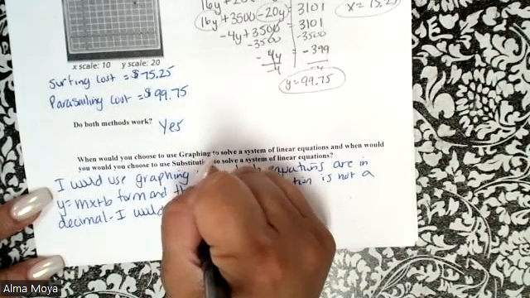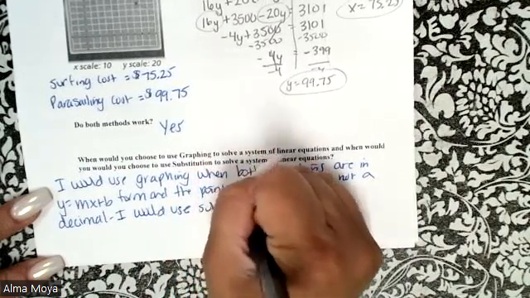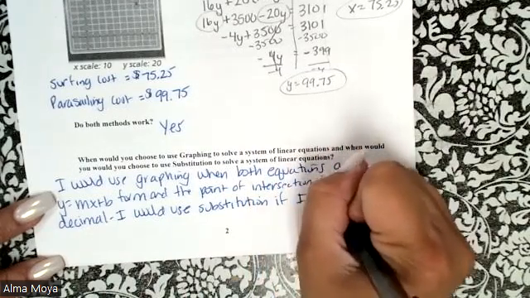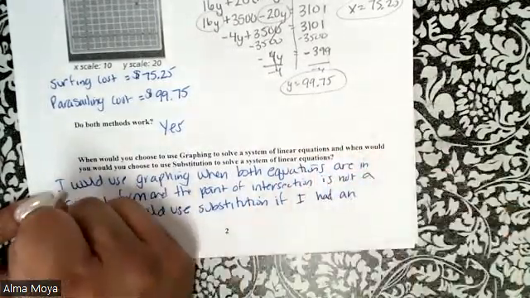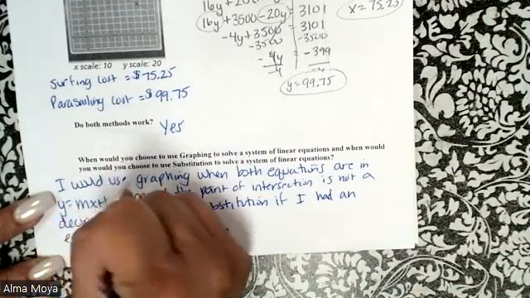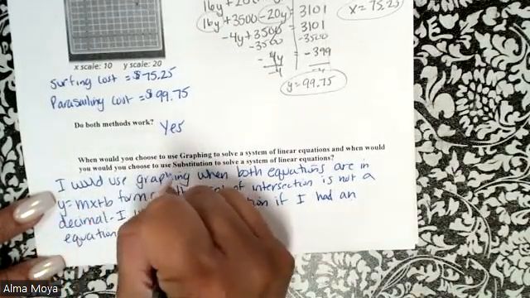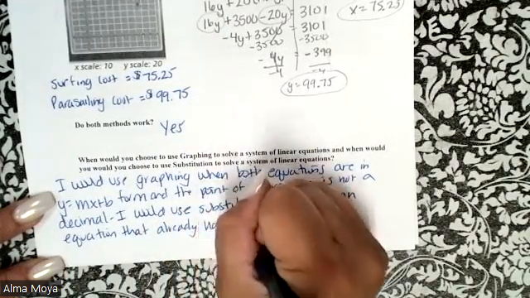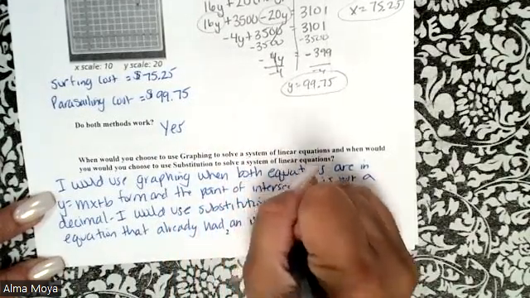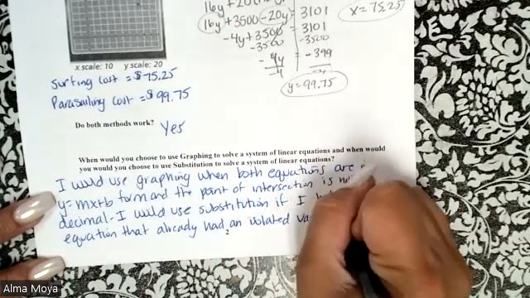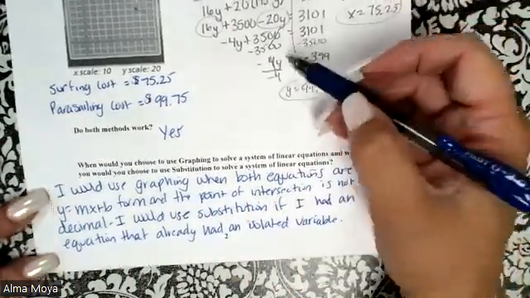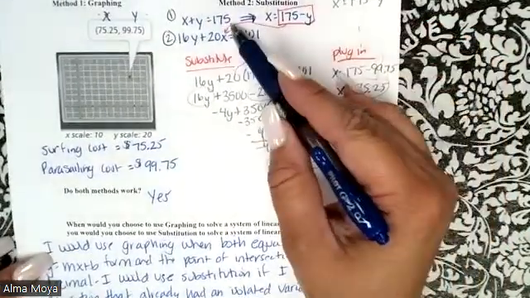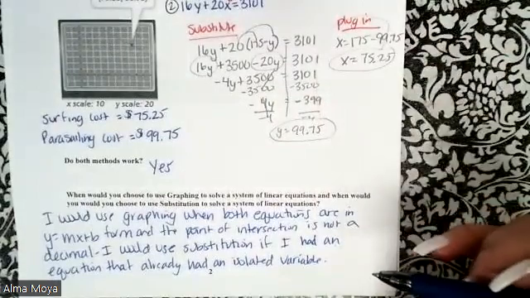I would use substitution if I had an equation that already had an isolated variable. And although in this one the variable wasn't isolated, because it said x plus y equals 175, it was very easy to make it isolated.